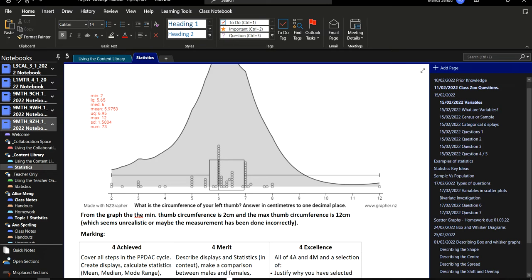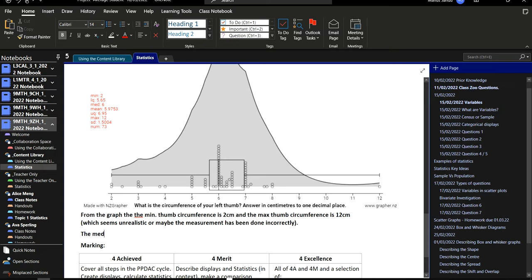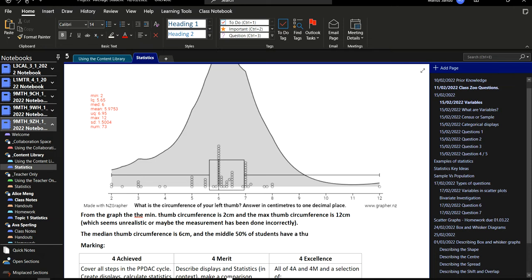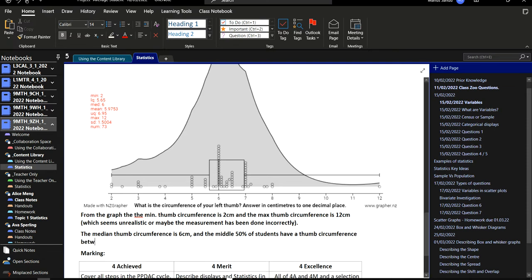All right. Next thing. The median thumb circumference is 6 centimeters. Yes? And the middle 50% of students have a thumb circumference between what and what? 5.65 centimeters and 6.95 centimeters.